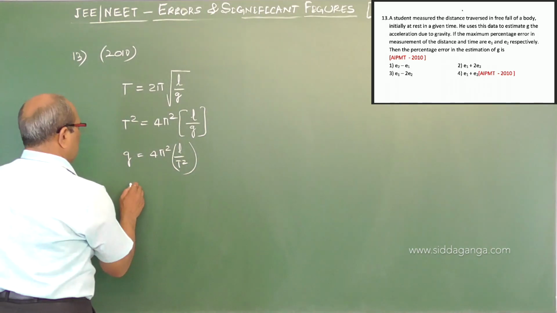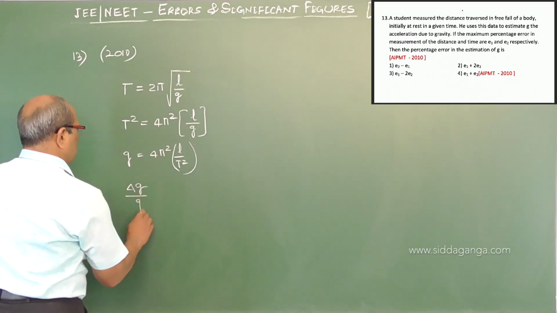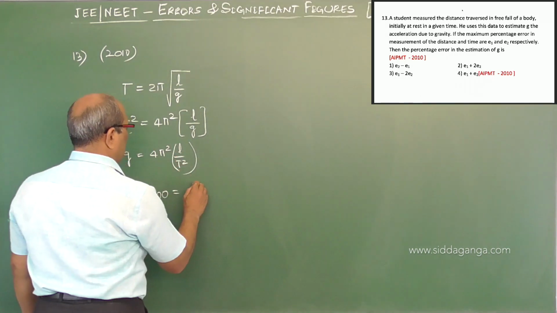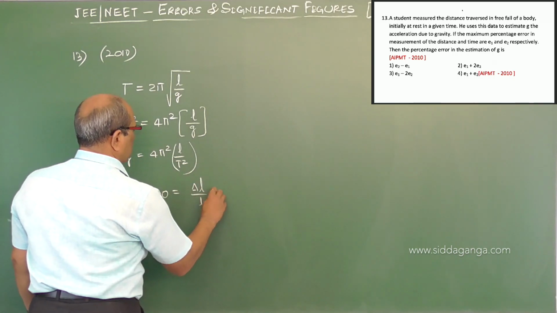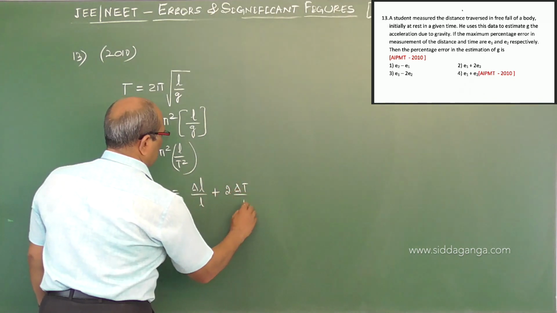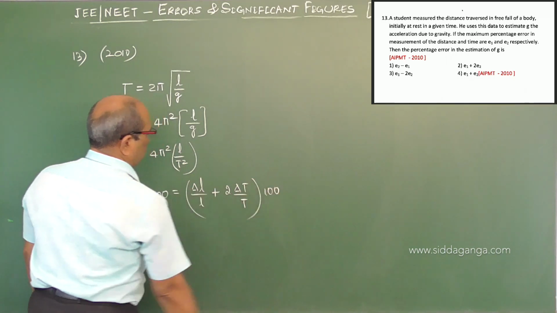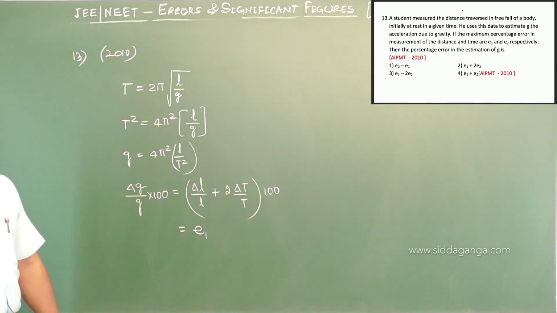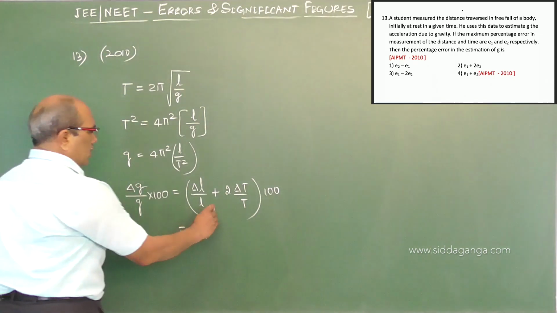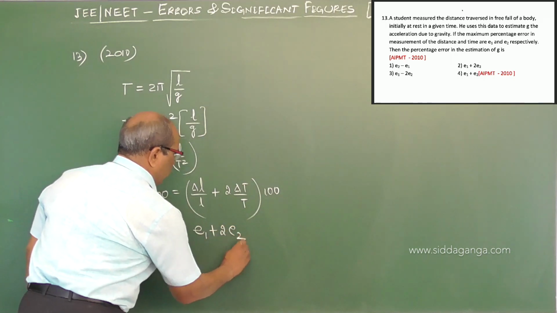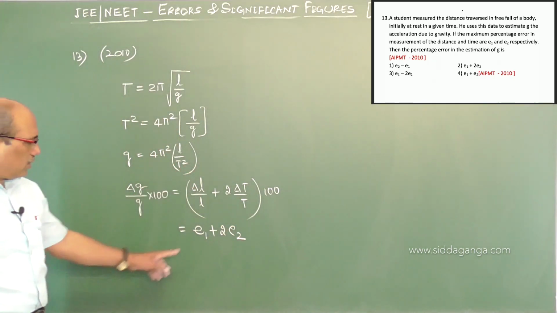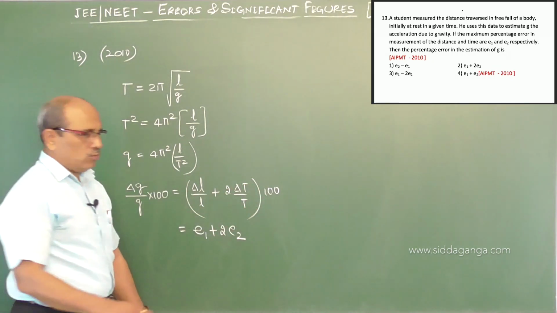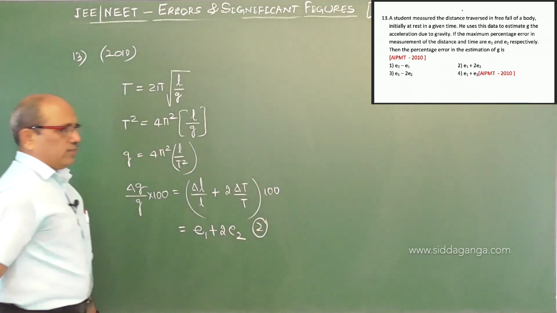To assess the error, delta g by g into 100 is delta L by L plus 2 into delta T by T, into 100. They gave delta L by L into 100 as e1, and delta T by T into 100 as e2. Therefore e1 plus 2 e2. Option number 2 is the correct one.